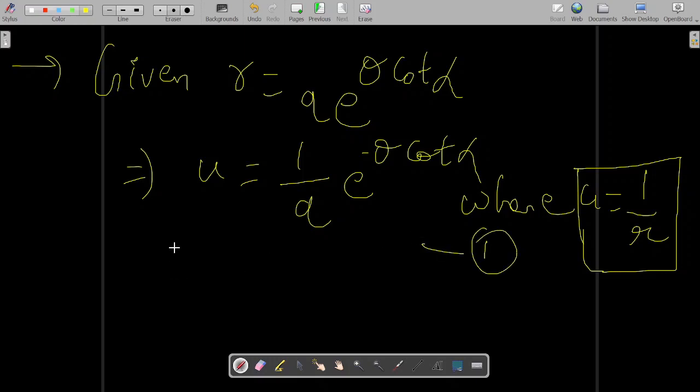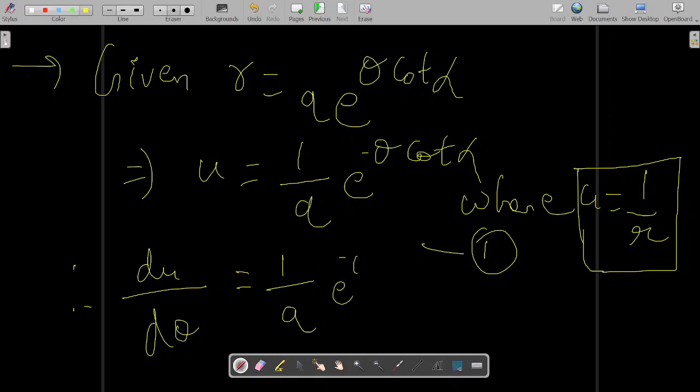Now therefore du by d theta is equal to what? When you differentiate with respect to theta, 1 upon A stays outside as it is, e to the power minus theta cot alpha as it is, and multiplied by d by d theta of minus theta cot alpha.